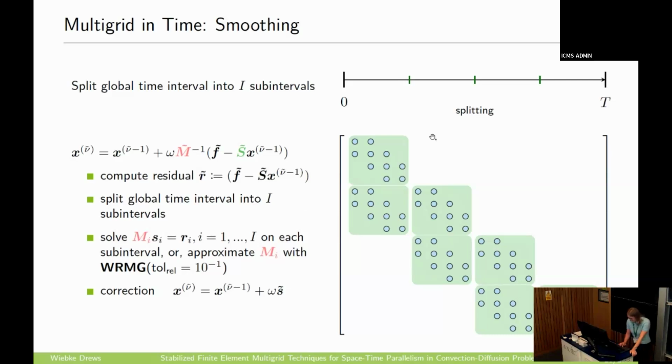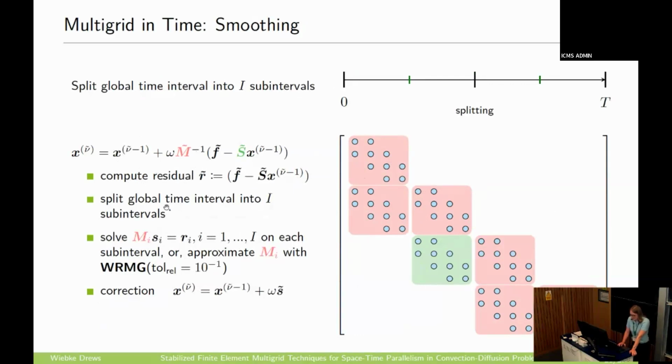So smoothing then would look like this. We have a time interval here and do a splitting like this. So we have two time intervals, and then the system matrix would be split at this point. So if we apply Richardson iteration, then our preconditioner is the red blocks, and we compute the residual.